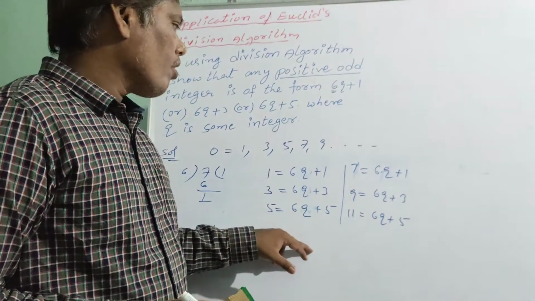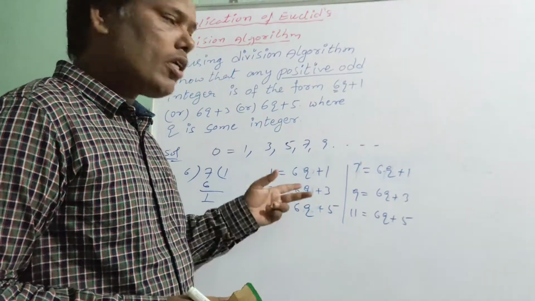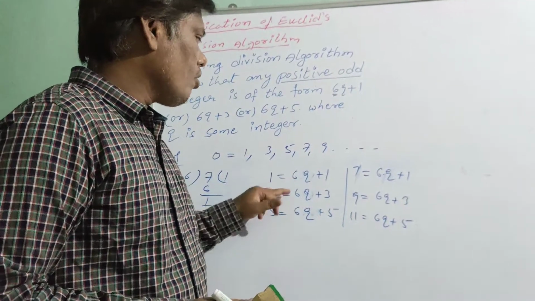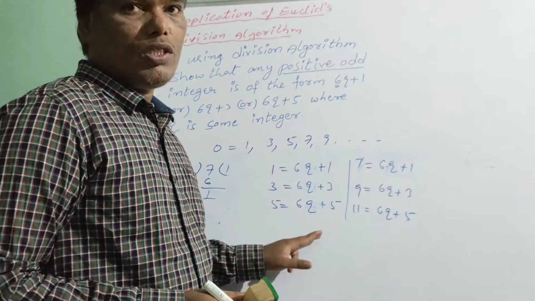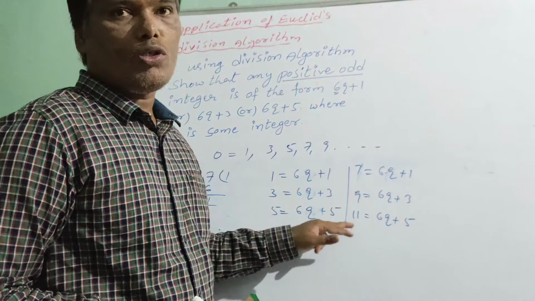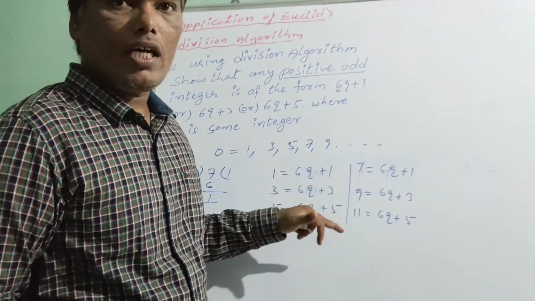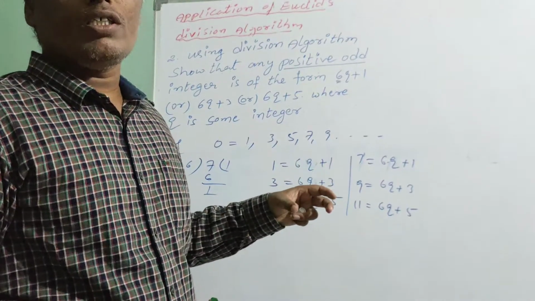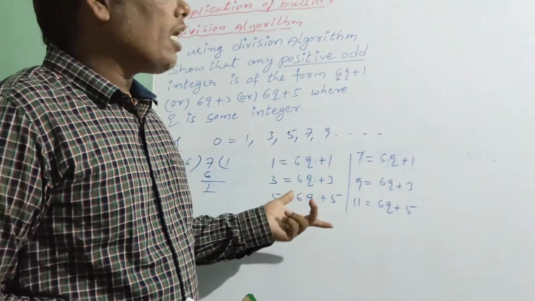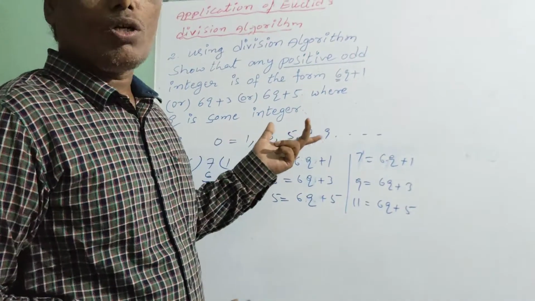But here we verified this statement for 4 odd positive integers, or for 6 odd positive integers. But is it the right way of proving the statement, by verifying some odd positive integers and saying the given statement is true?